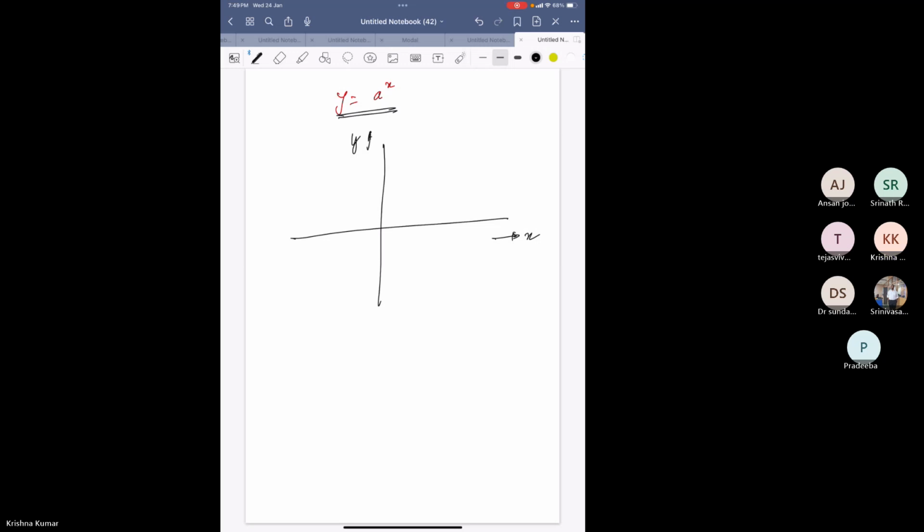For example, I'm going to take a is equal to 5, 2, a is equal to 0.1, 0.5, whatever it is. This is minus x, this region. Do you think it will all cut at some place?